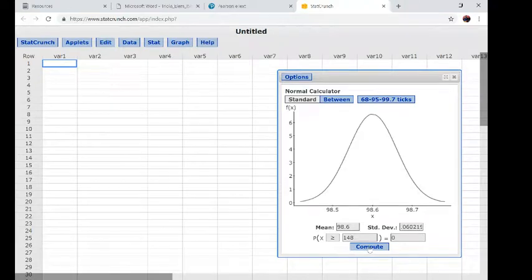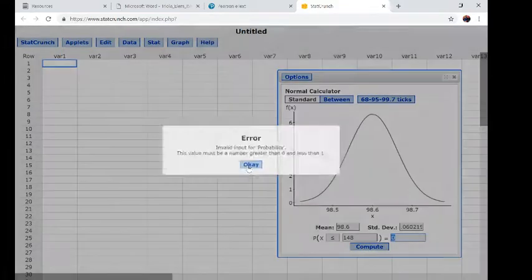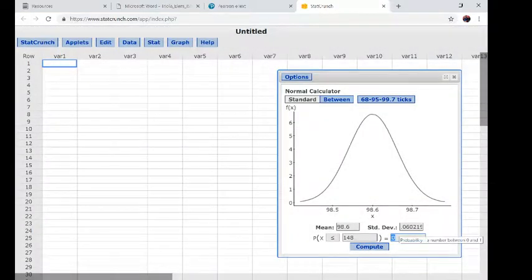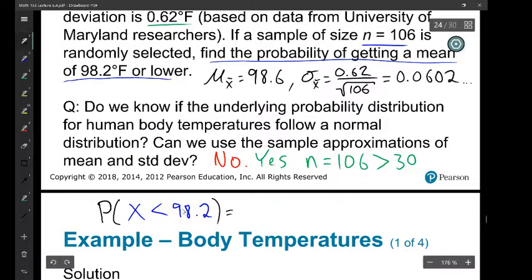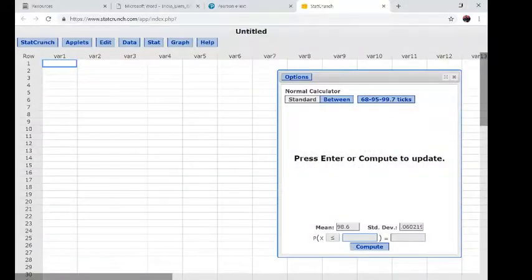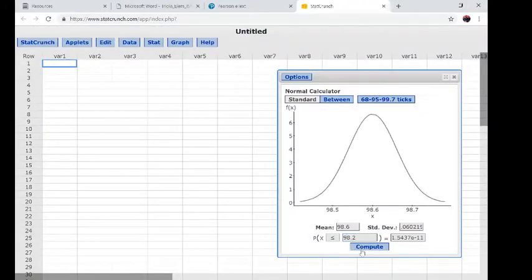And then compute. So less than. And this is an incredibly small number here.